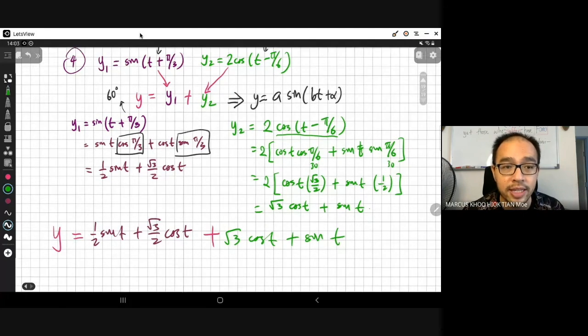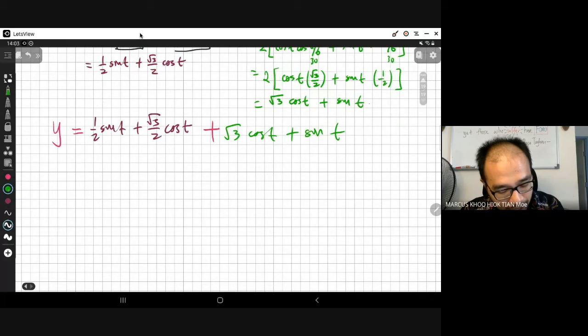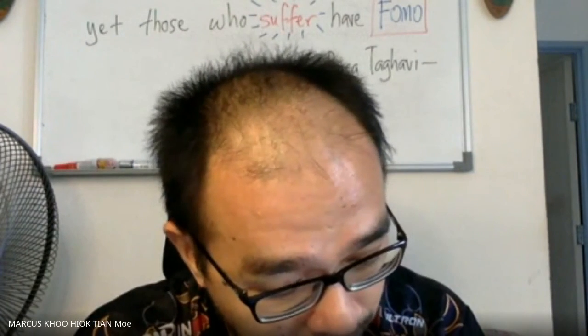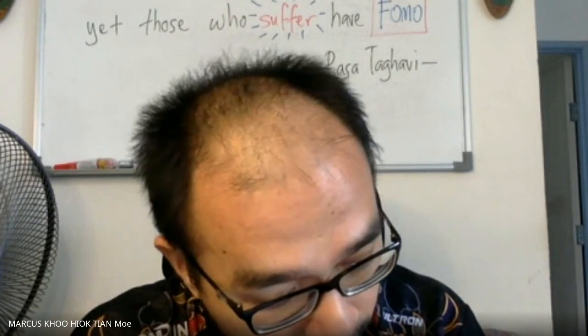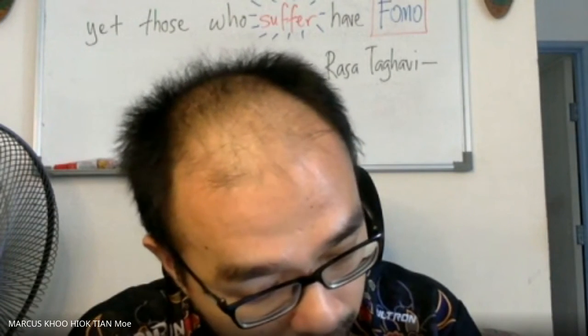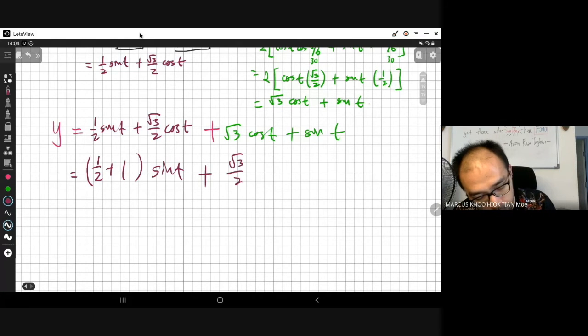I'm going to bring the sin t's and the cos t's together. So half plus 1, sorry, my mistake, half plus 1 sin t, plus square root 3 over 2 plus square root 3 cos t.